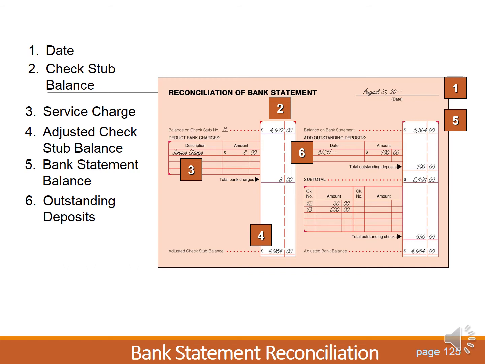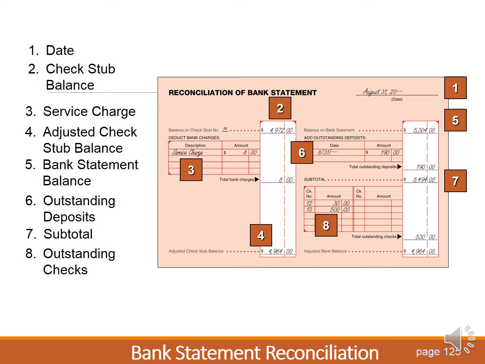In this case, we have one outstanding deposit that is not listed on the reconciliation or the bank statement, but is in our checkbook. We will add up the outstanding deposits and record the amount on the total outstanding deposit line. Then we will add our outstanding deposits to the balance on the bank statement to come up with our subtotal.